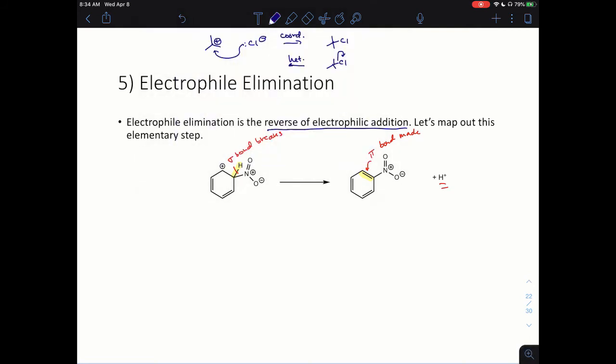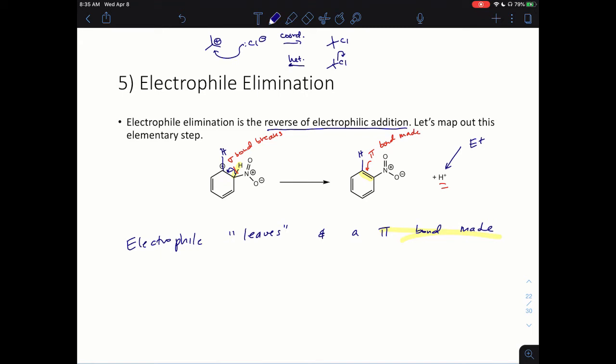So what we're going to have is these electrons come down, and there we go. We're all done. This carbon always just had that one implied hydrogen on it. So this is considered an electrophile. So some sort of electrophile leaves and a pi bond is made.